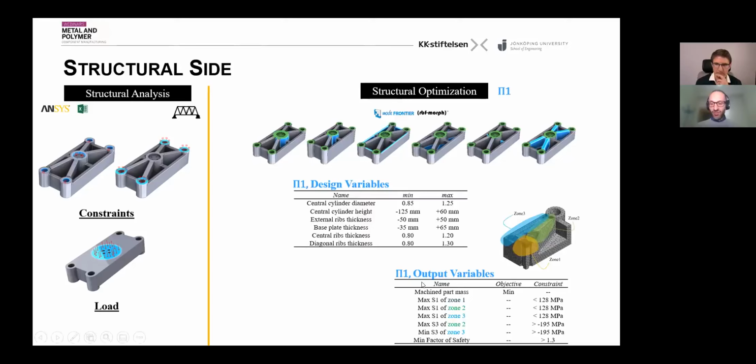The output variables were related to 3 different zones, the more stressed zones, zone 1, zone 2, and zone 3, with different kinds of max principal stress, and in some areas max and minimum stress. And for all the components, we asked for a safety factor of more than 1.3.